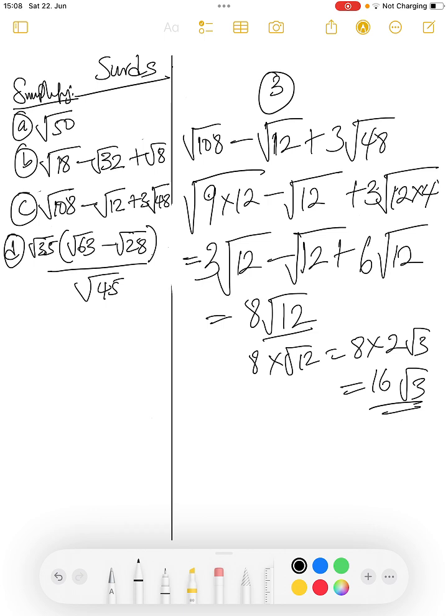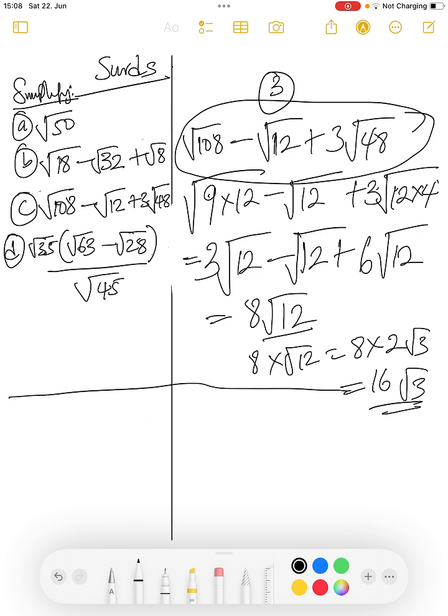But you can also evaluate this same problem another way, probably in a simpler form. Just understand the basic principle. For example, you can say root 108 minus root 12 plus 3 root 48.